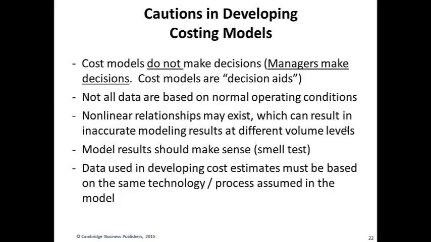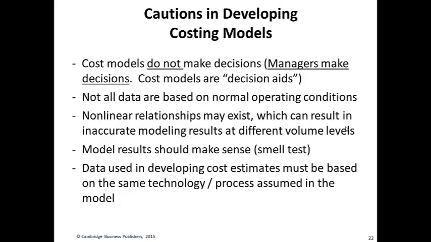Well, not all data can be based upon normal operating conditions. There could be anomalies out there that impact the model. The other thing is right now our models are assuming that linear relationships exist. And in some cases, nonlinear relationships may exist, which can result in inaccurate modeling results at different volume levels.